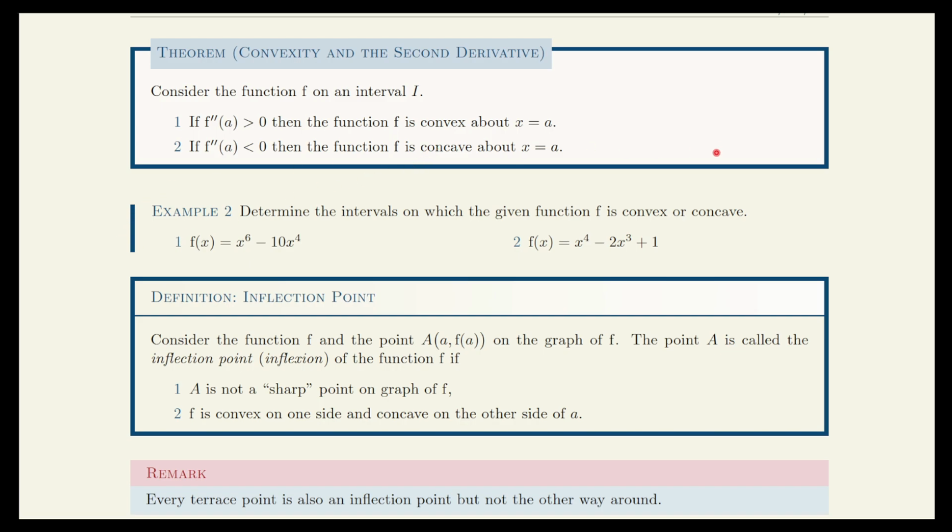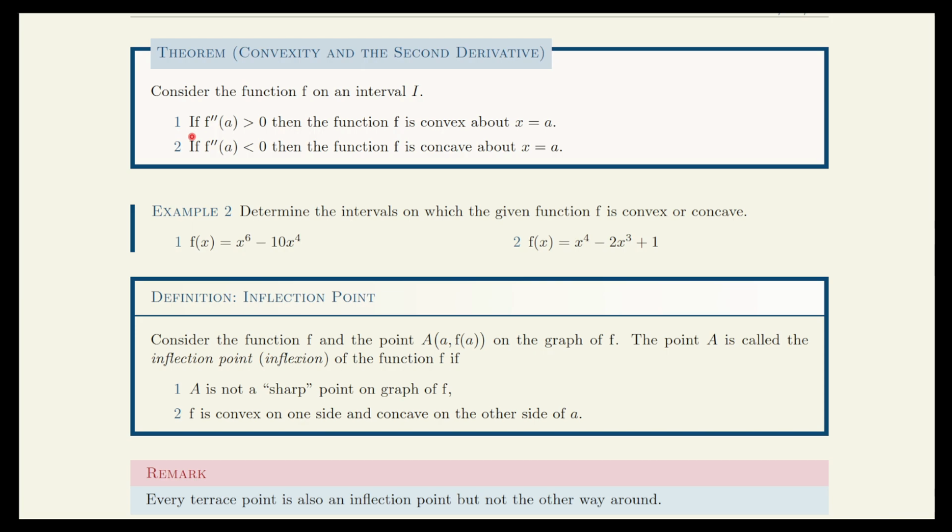Okay, now we solve two examples here. Determine the intervals on which the given function f is convex or concave. Whenever you want to say something about convexity or concavity, you need to remind yourself about the second derivative.